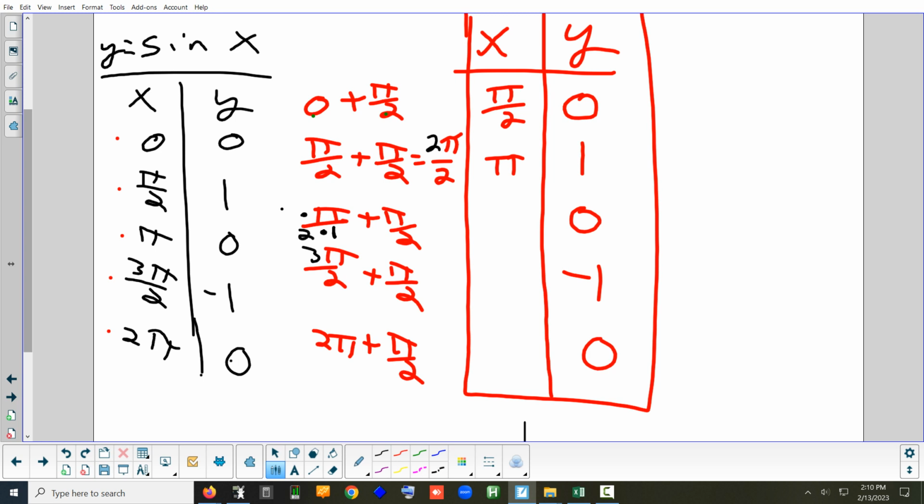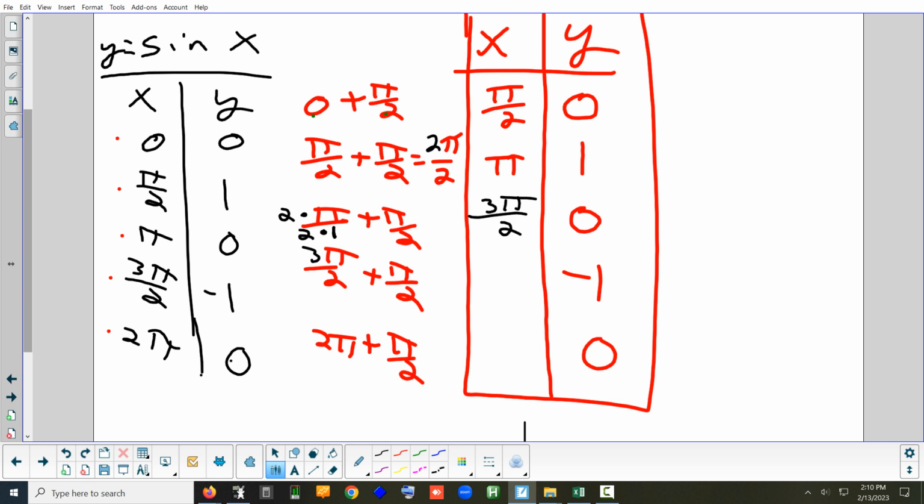If you do it on the bottom, you have to do it on the top. So now you've got 2 pi over 2 plus 1 pi over 2. What's 2 pi over 2 plus 1 pi over 2? 3 pi over 2.